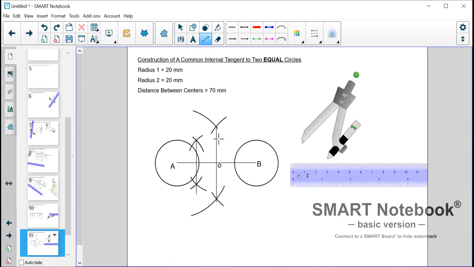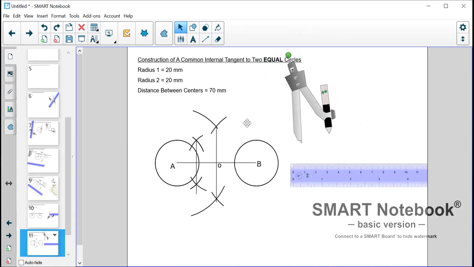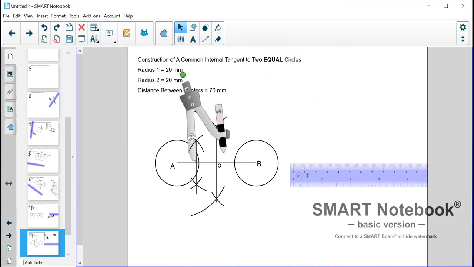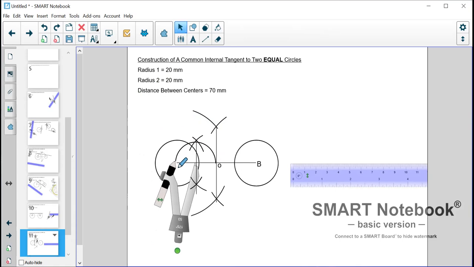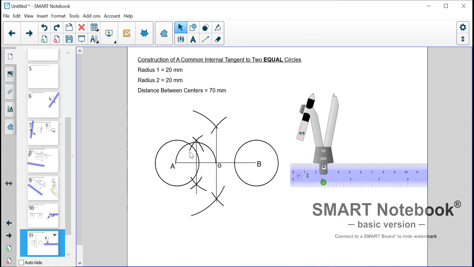What we need to do next is go from that center that we established, open to O, which was the previous center, and draw an arc that should come around directly to A. So we draw that little semicircle there.